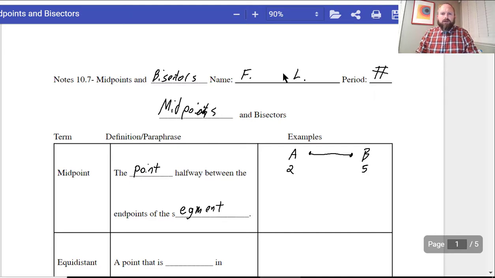We might go, okay, we have a 3, we have a 4, and then, what's halfway in between 3 and 4? It would be 3.5. Well, how do we get that number? Besides figuring out what's halfway in between, we can add these and then divide by 2.